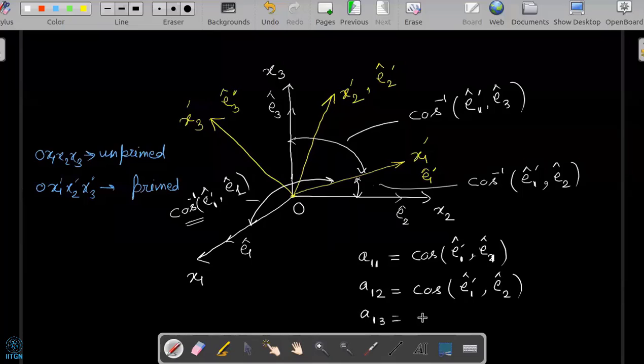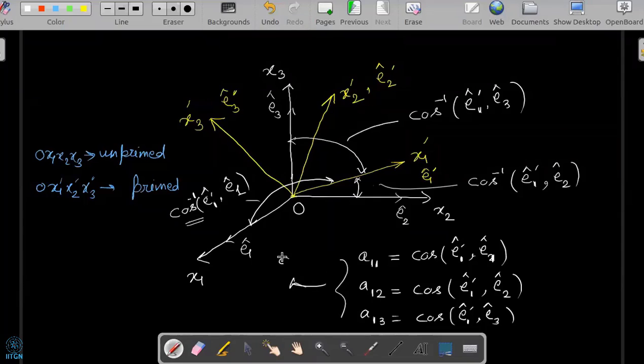A13 is the cos of the angle between E1 dash and E3. Similarly, we can establish the direction cosines for x2 dash and x3 dash also.